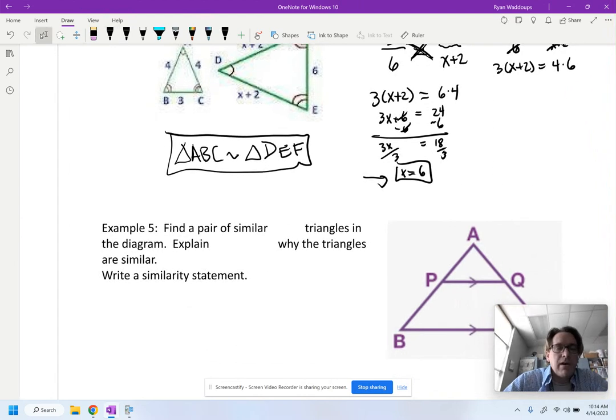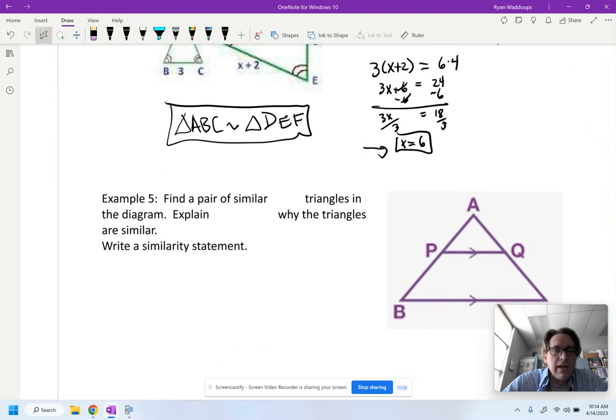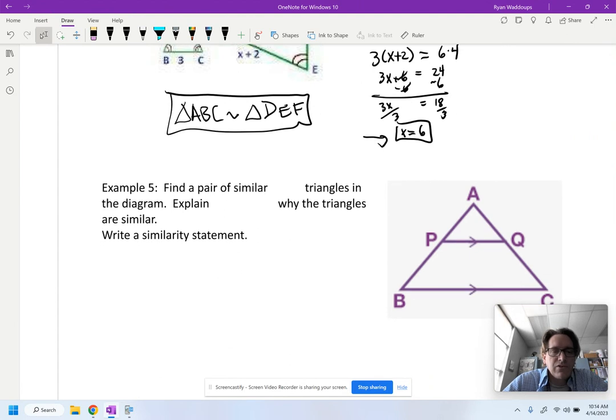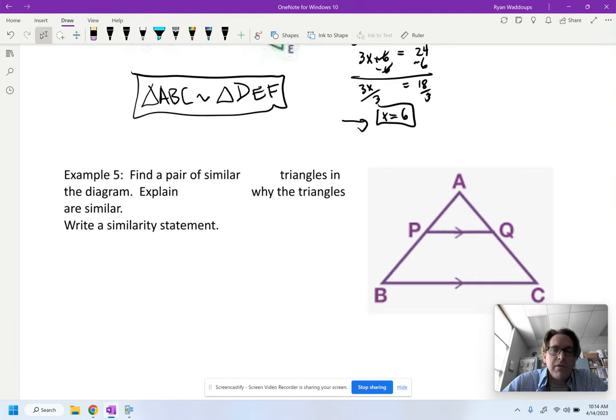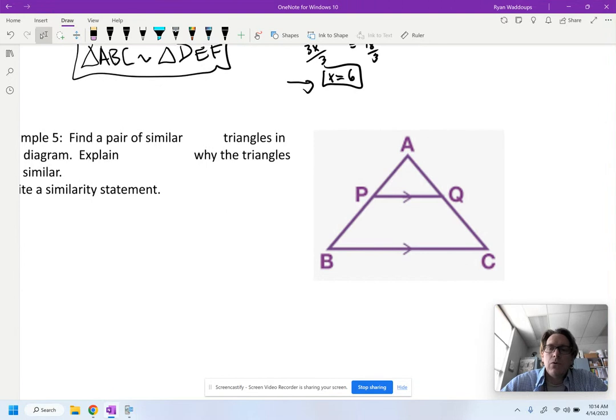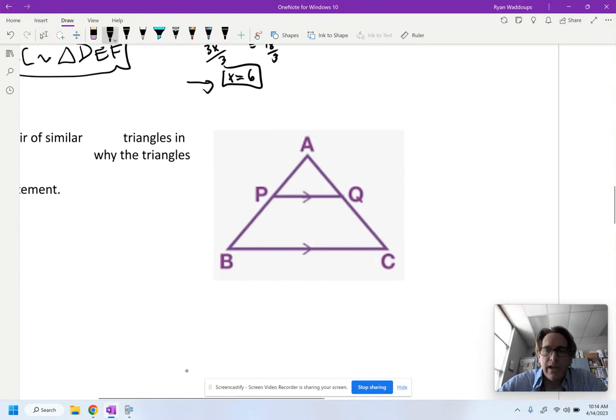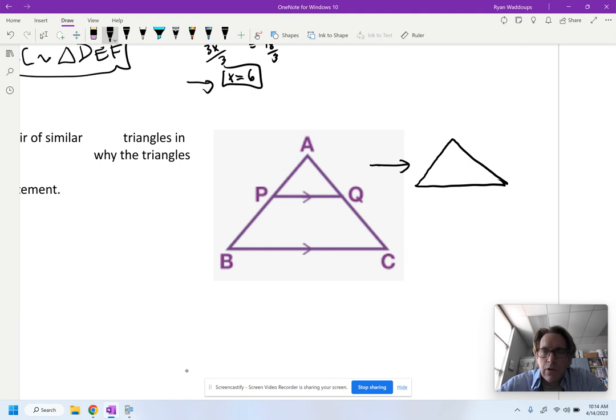All right, in example 5, it says find a pair of similar triangles in the diagram, explain why the triangles are similar, and write a similarity statement. Okay, so one triangle would be this APQ.